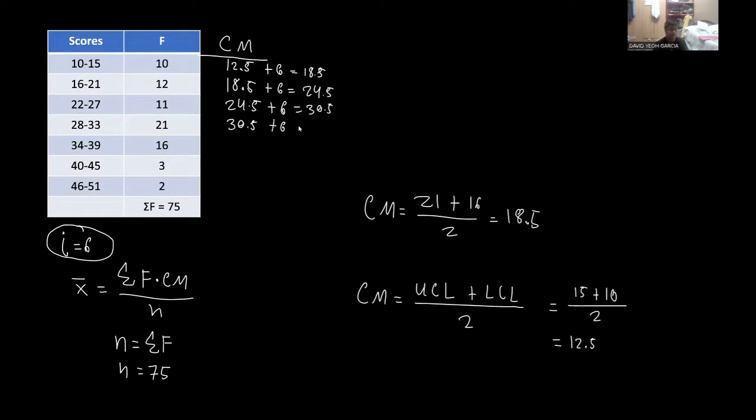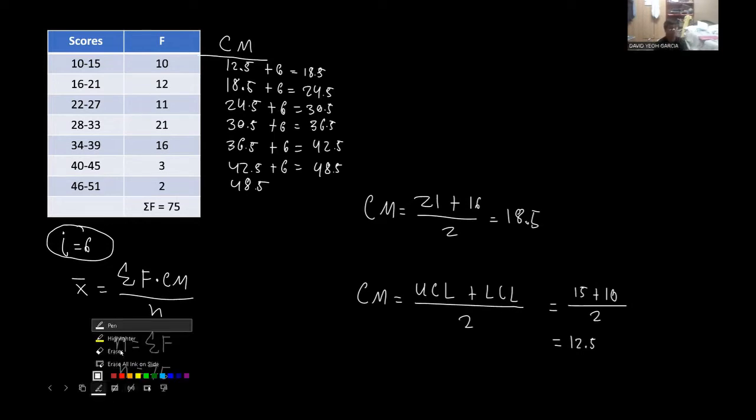Let's add 6 again. This would be 36.5, the next class mark midpoint. Let's add 6 again, so we're going to have 42.5. Add 6 again, and we have 48.5. There we go, and we stop right here because that's the last class interval.